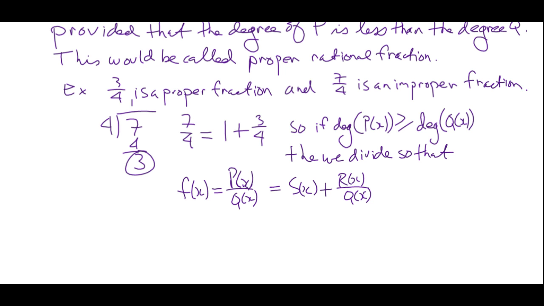We did 7/4 equals 1 plus 3/4: 7/4 is equal to 1 plus some remainder, and the remainder was 3 over the divisor, which is 4. In this case, r and s are polynomial functions.